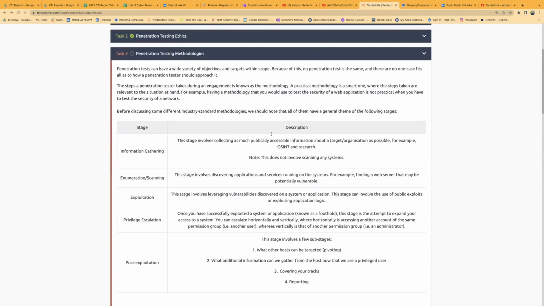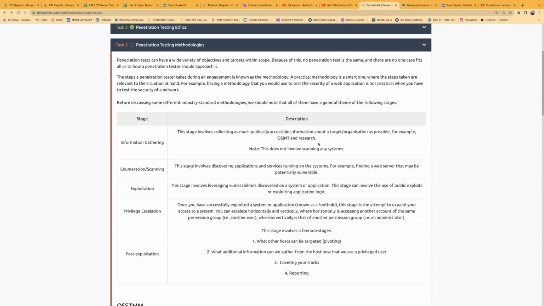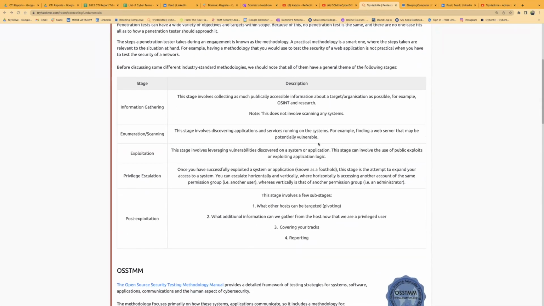Within the actual pen test, the penetration testers are going to have a wide variety of objectives and targets within the scope of what they're allowed to do. This is why I was saying earlier, no pen test is ever going to really be the same, right? There's no one case fits all, because all companies are different.